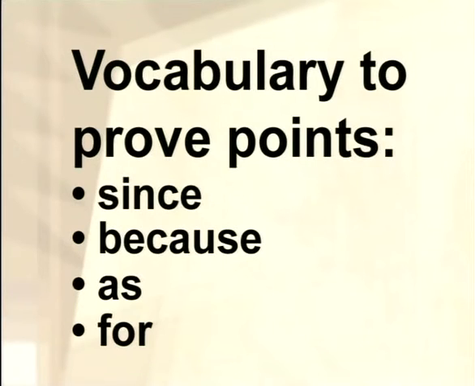Now I want to look at a couple of words which help you to prove points. You've made the claim, you've stated your initial point, and now you're going to look at words to prove that point. Here are a few. Since, because, as, and for. You'll see that these words then link your initial point, your claim, to your conclusion.